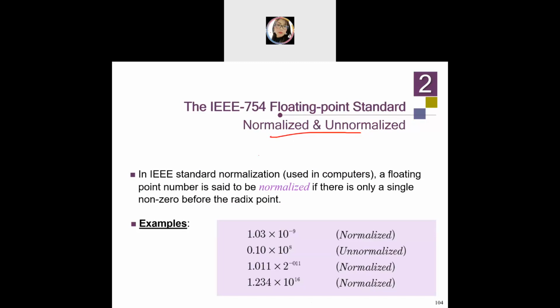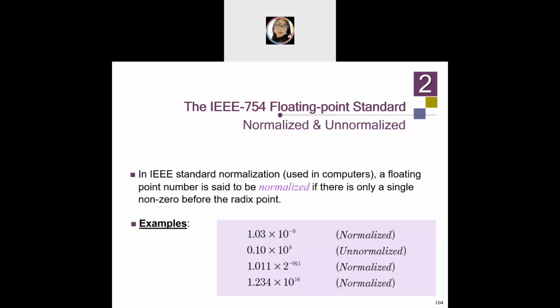Okay, let's take a look into normalization before we go to our example. If you look at this number, just now without knowing the IEEE format, you would say it is normalized, isn't it? But why is it unnormalized here for IEEE?